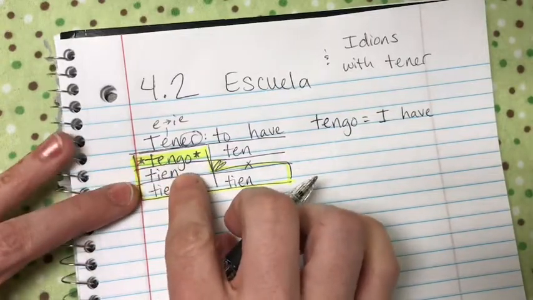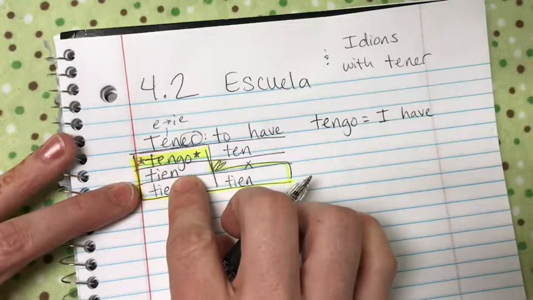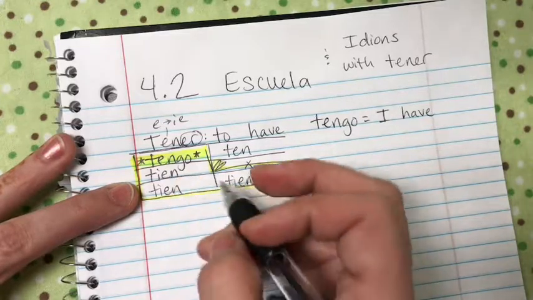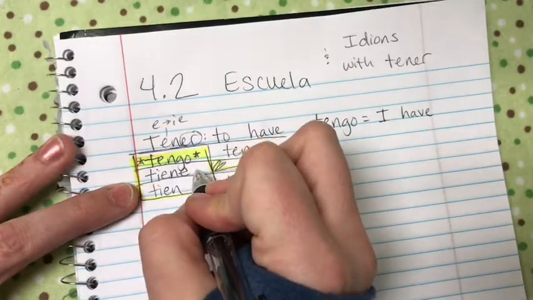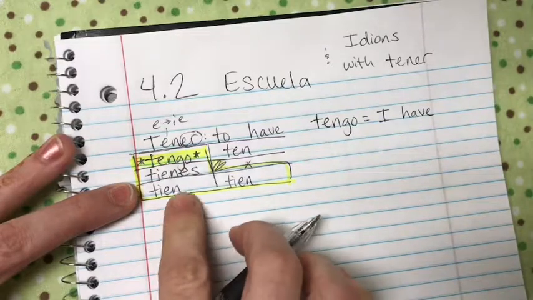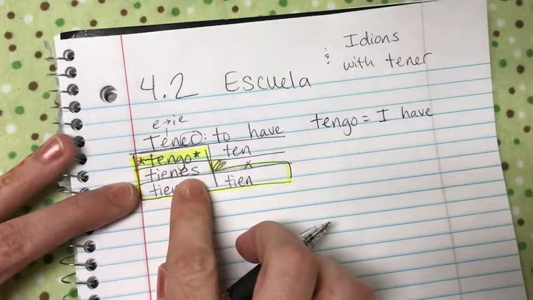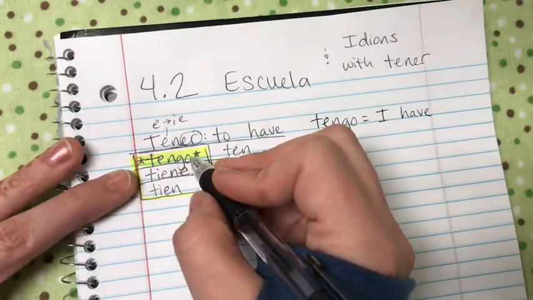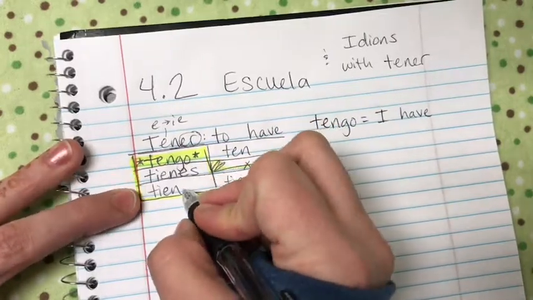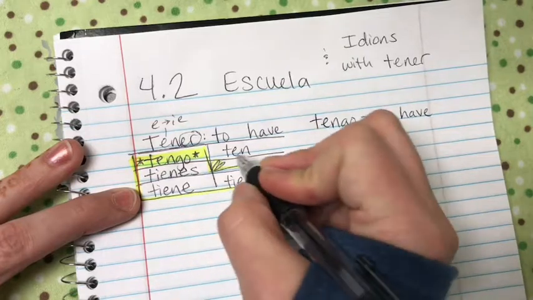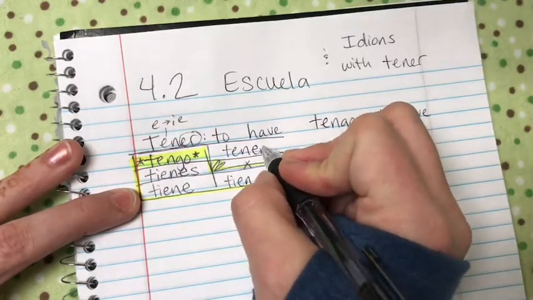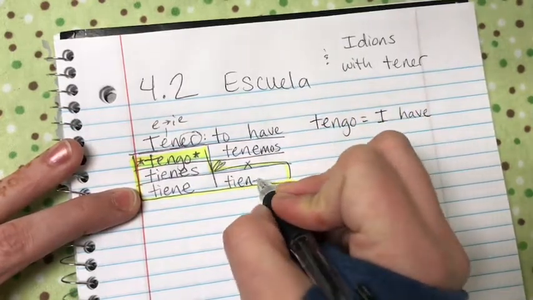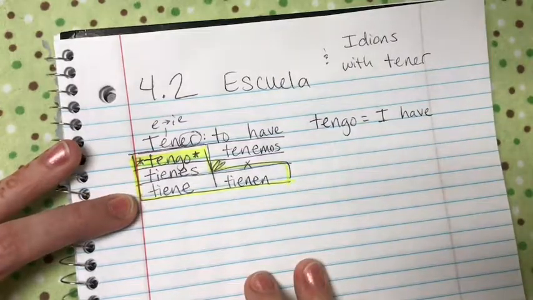What is my ending here? E-S. Why is it not A-S? Because it's an ER verb, a verb that ends with ER. Tengo. Tienes. Tiene. Tenemos. Tienen. Very good.